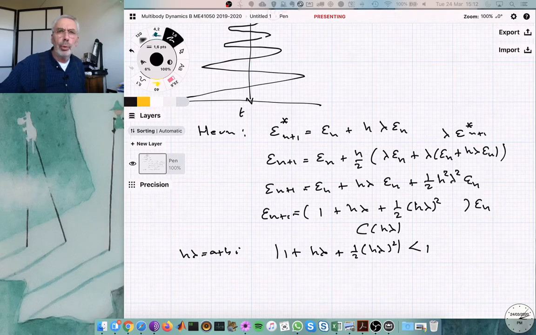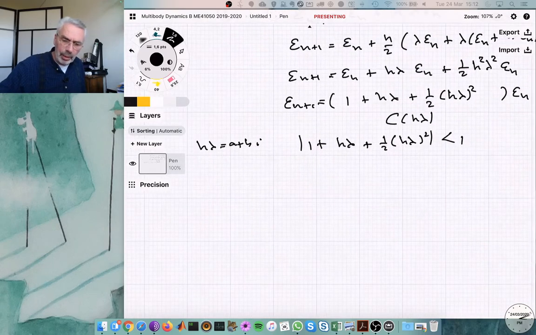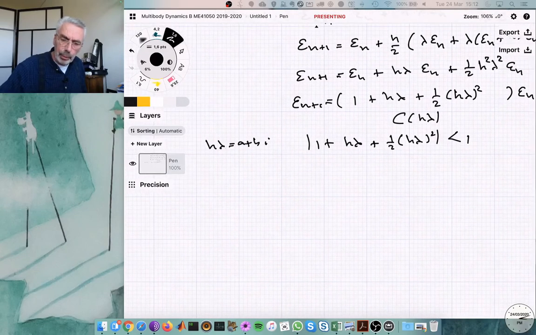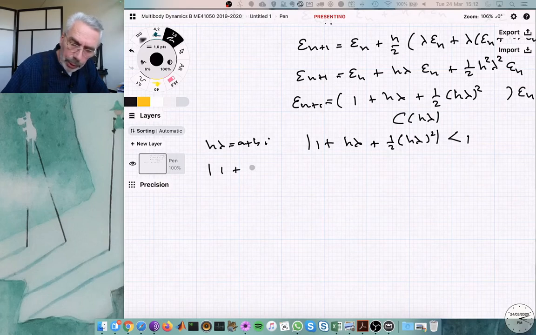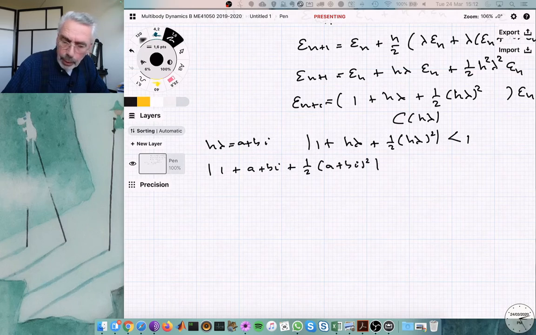Now it's a bit more complex, of course, doing that in the complex plane, because I don't identify this anymore as a circle. If I write my complex number in here, I have to write that out like 1 plus (h plus bi) plus 1/2 (h plus bi) squared is less than 1. So this is becoming a bit more complex.